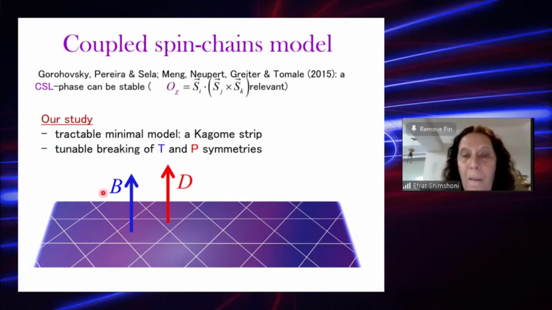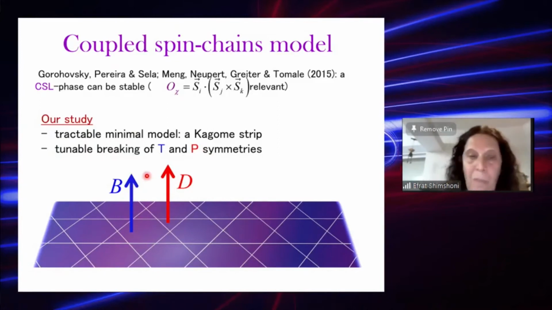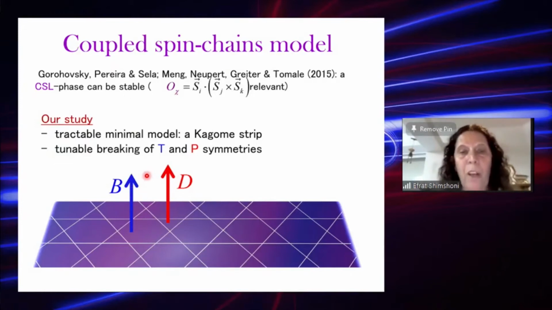One is the DM interaction, which is breaking explicitly the inversion symmetry, and it is assumed to be fixed, and there's an external magnetic field that is tunable, and that contributes to the breaking of time reversal. And therefore we have the conditions for creating a chiral spin liquid order parameter.